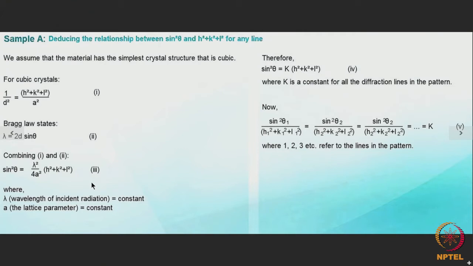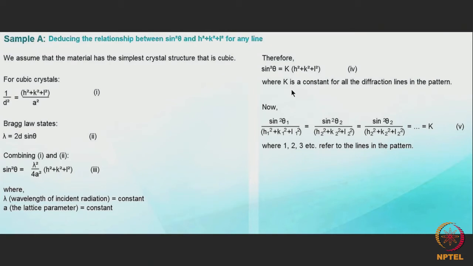A is the lattice parameter of the material, so that is also a constant value. So, in this equation, lambda square by 4 a square is a constant for all the lines in the pattern. Therefore, we can write sin square theta is equal to k times h square plus k square plus l square, where k is a constant for all the diffraction lines in the pattern.